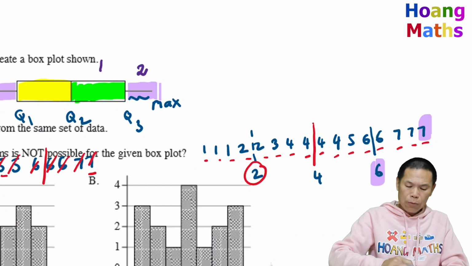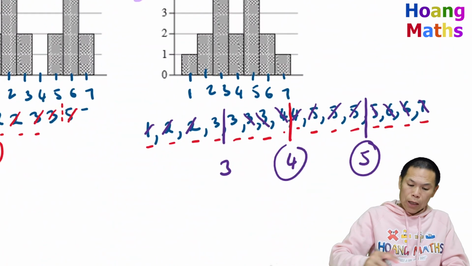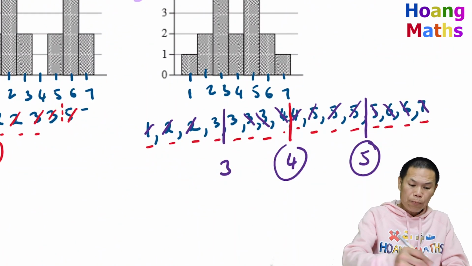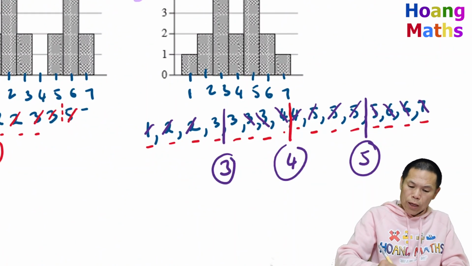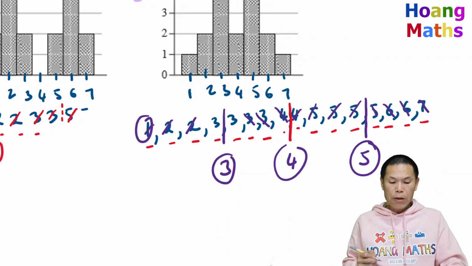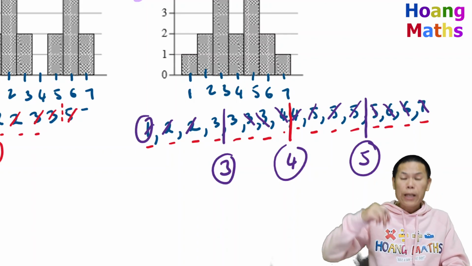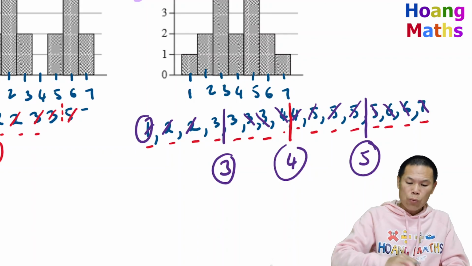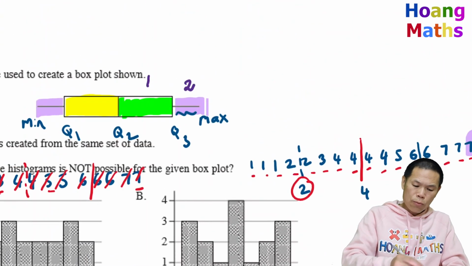Okay, let's go a bit further. So we have Q3 minus minimum is 2. And Q2 minus Q1 is 1. And Q1 minus minimum is 2.